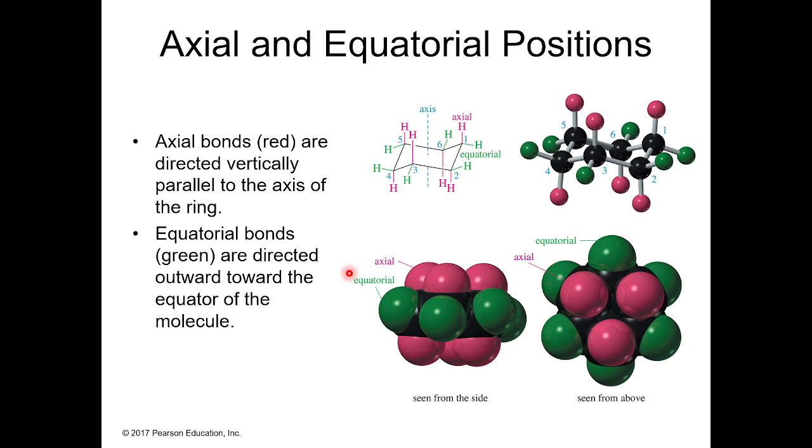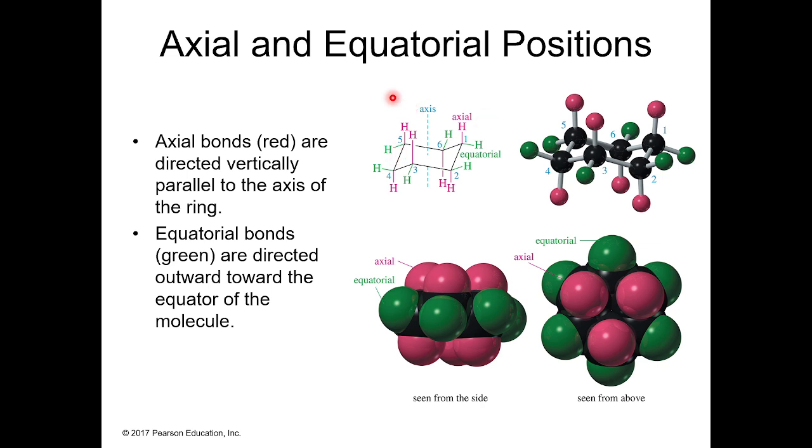Now, the axial and equatorial positions are going to be a little difficult for you to understand at first, but remember it is a relative position. Axial bonds are the ones in red here. If you're good at pattern recognition, you may have already figured it out.